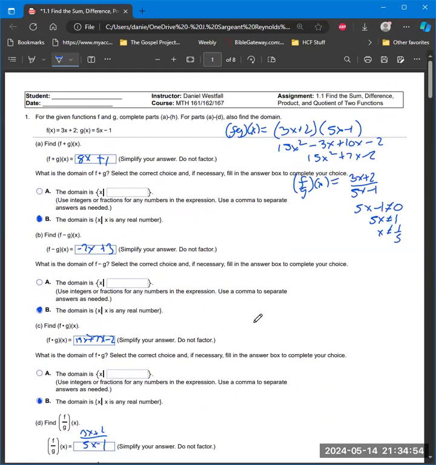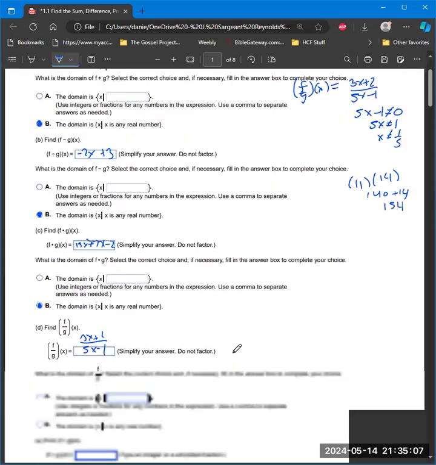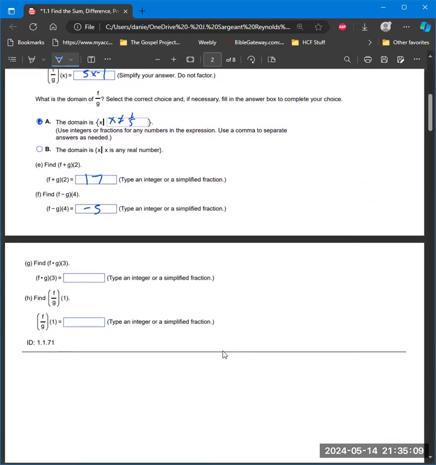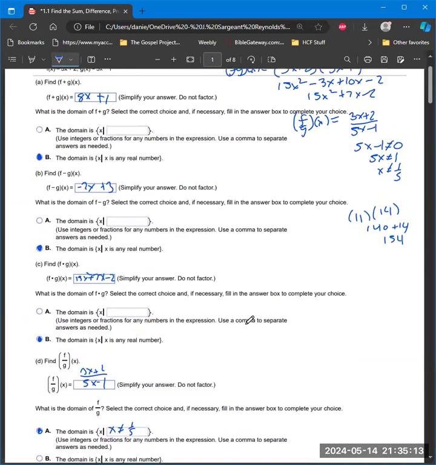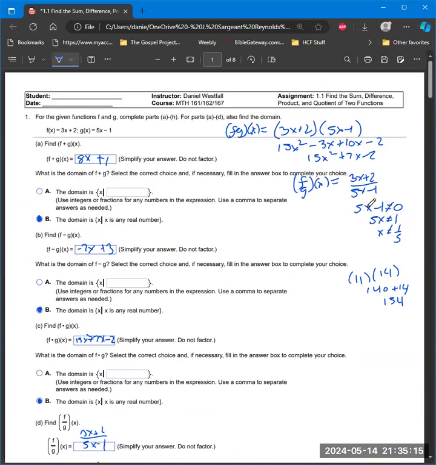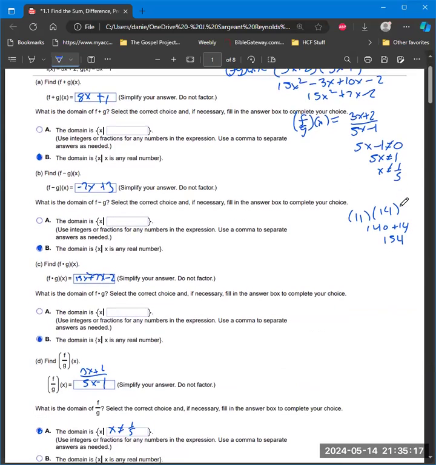And I've got 11 times 14, which is 140 plus 14 is 154. And stick 1 into the quotient here, 5 over 4.